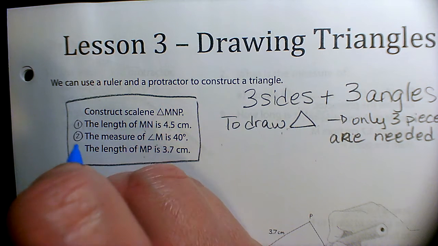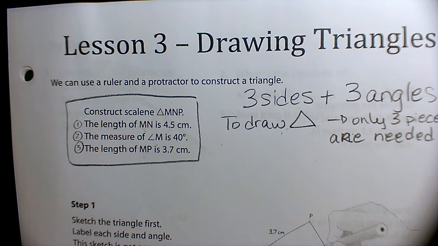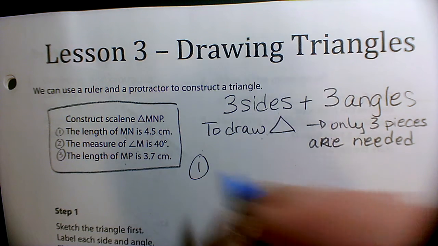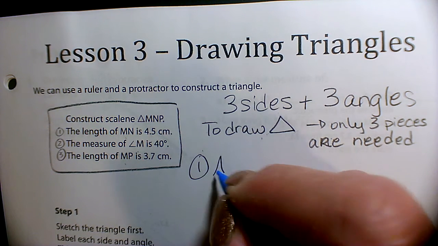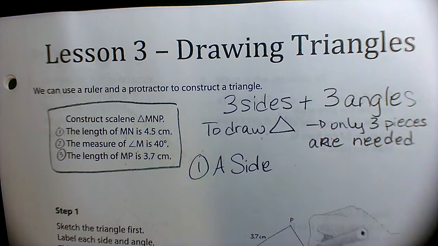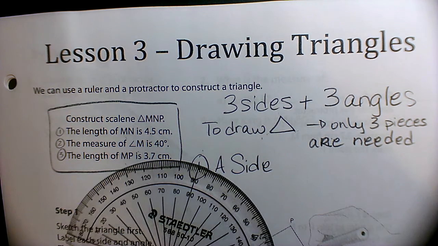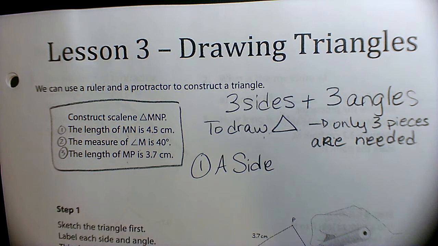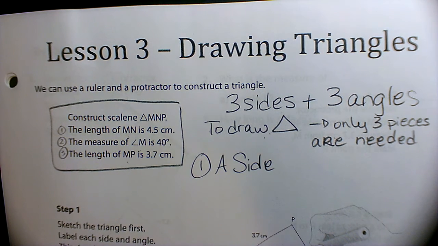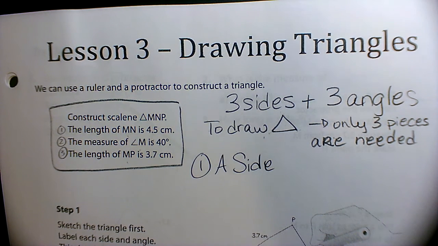1, 2, 3. Now, you do not have to use them in the order that they gave you, all right? Now, rule number 1 is that you are always going to start with a side. The problem with that is if I started with a 40-degree angle, what is an angle made up of? Sides, 2 sides that happen to be 40 degrees apart, right?